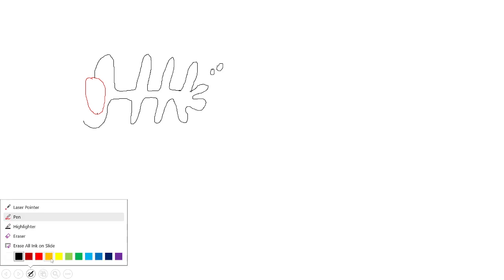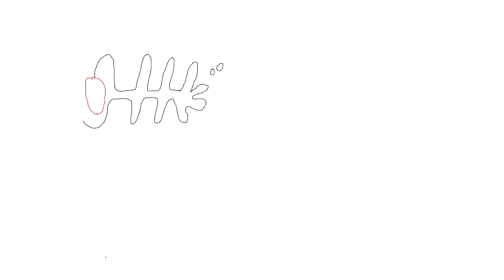Okay, a rough diagram, students, not a proper diagram. So we will label it now. Students, this is a rough diagram of the endoplasmic reticulum.